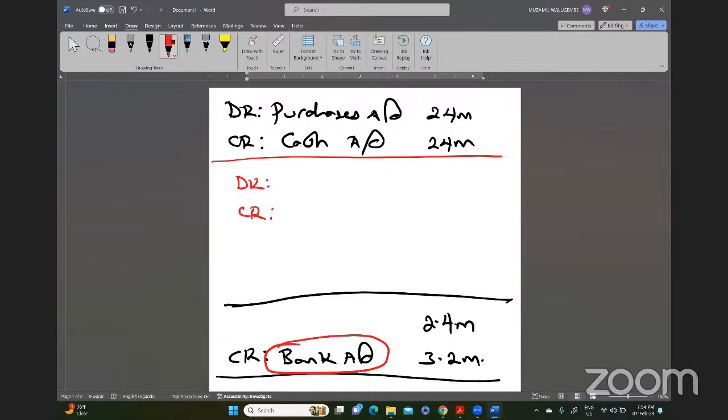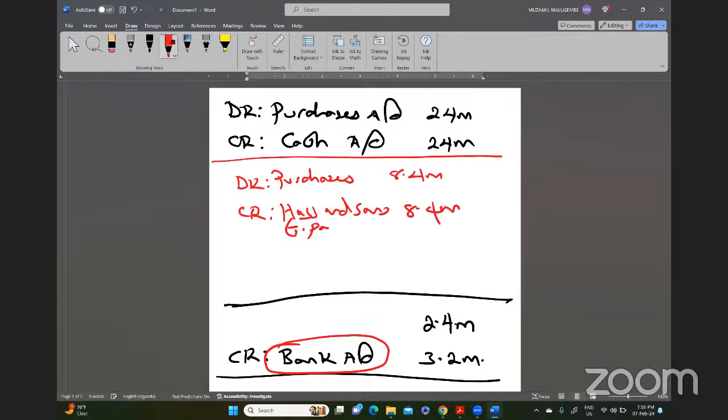We are debiting purchases, that expense, the purchase cost. It is a cost of sale. So we are debiting purchases of 8.4 million, and we are crediting trade payables, Haji and Sons, 8.4 million.